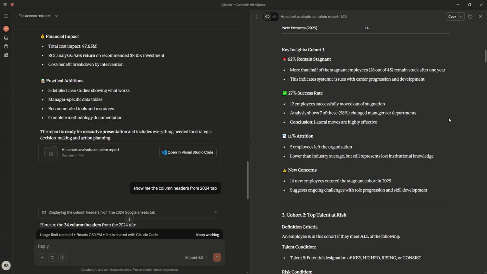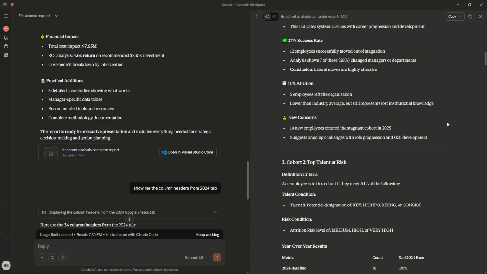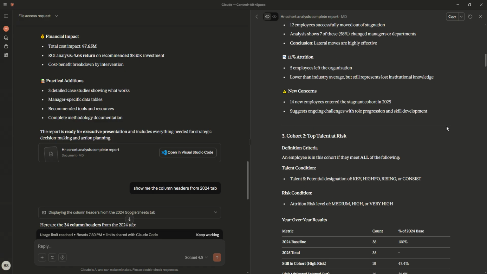Analysis shows that 7 of these employees, 58%, changed manager or departments. The conclusion would be that lateral moves are highly effective. Next, 11% attrition. 5 employees left the organization, lower than industry average, but still representing lost knowledge.